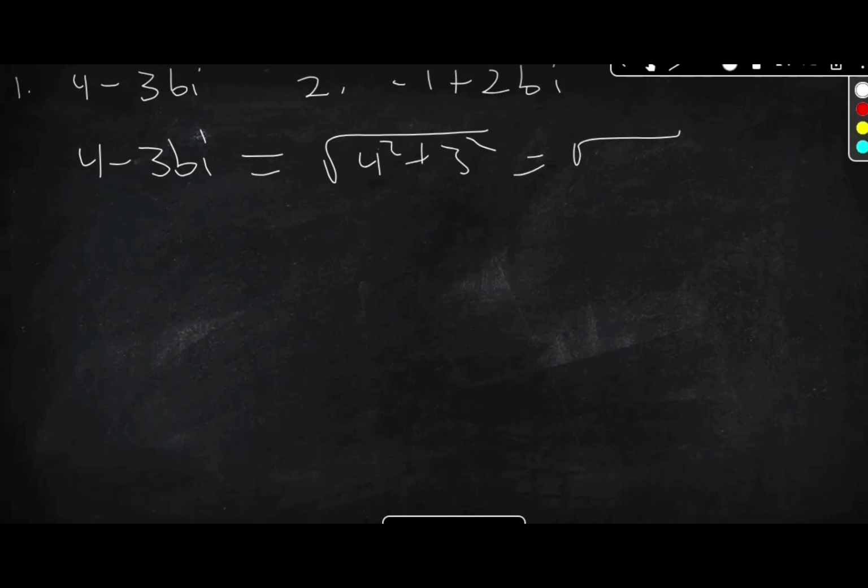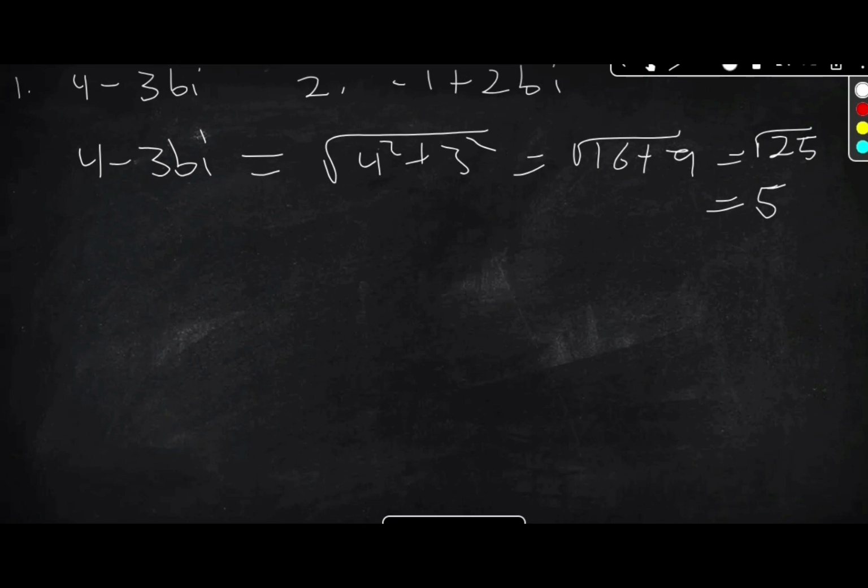That gives root of 16 plus 9, which is root of 25, and the root of 25 is 5.